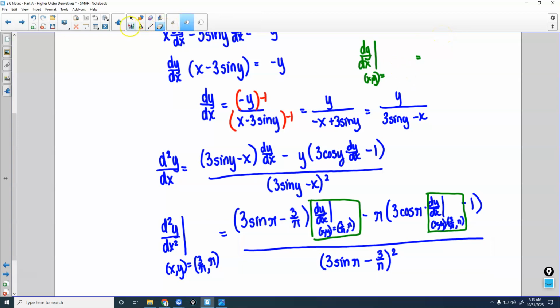That should be 3 over pi, pi. All right, so that is going to be pi over 3 sine pi minus 3 over pi.